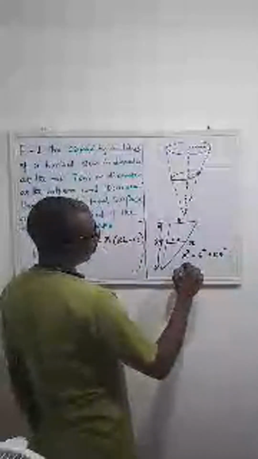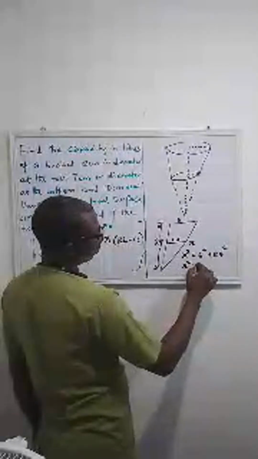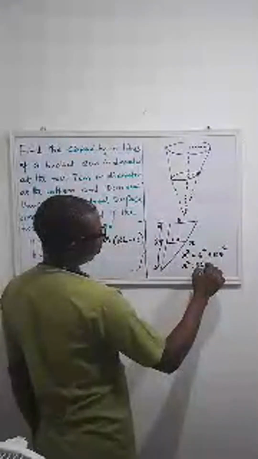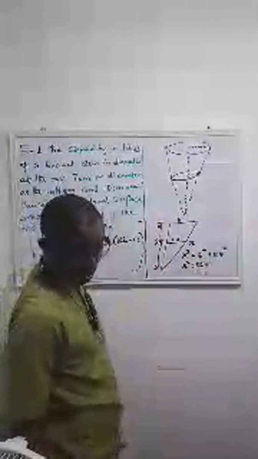Then we have x squared equals 36 plus, now what's the square of 24? 24 squared is 576. All right, so now x squared equals 36 plus 576, so what do you have? We have 612. And you find the square root. So when you find the square root, we have 24 point.